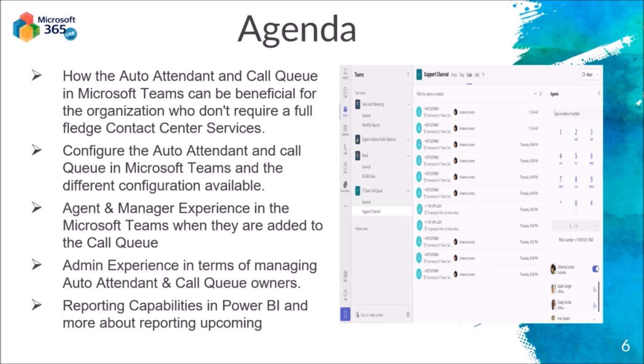Lastly, we'll look at reporting, which was one of the most demanded requests from customers across the globe, that we need a complete reporting mechanism for auto attendant and call queues. It is now readily available in Power BI, and we'll cover what's coming into the Teams Admin Center, or TAC.